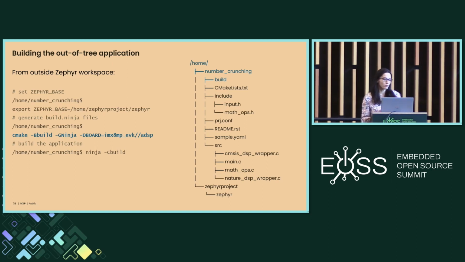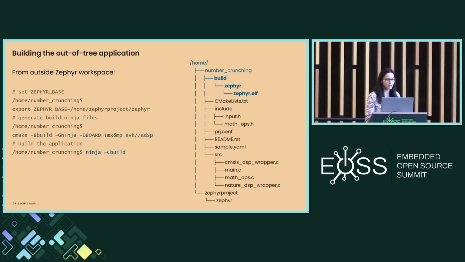And we get the build folder there in our application. In this case, now we have in the build folder the Ninja build file and other generated build files. And finally, we use Ninja to compile the code, and we get our ELF in the build folder, in our application directory.